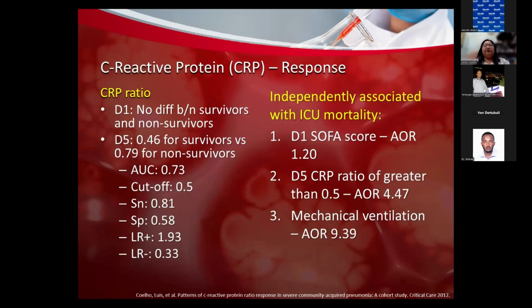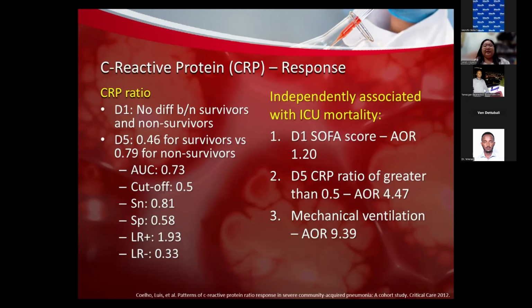By day 5, this divergent evolution of CRP ratio was markedly different, with the CRP ratio becoming as low as 0.46 in survivors, but remaining elevated in non-survivors at 0.79. The ability of CRP ratio by day 5 to predict outcome, assessed by the area under the receiver operating curve, was 0.73.